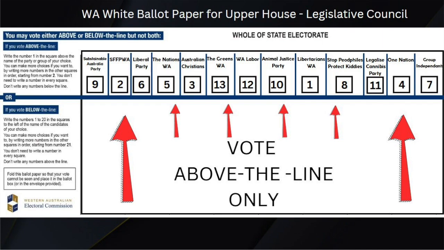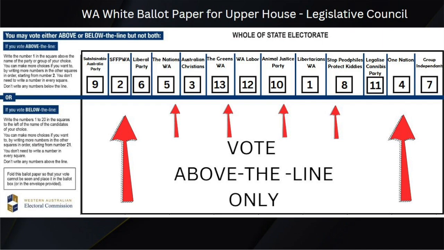The Sustainable Australia Party also is, according to this, the allegation is that they are going to go to the Labor Party, and the Animal Justice Party, which are great in principle. Their values are very noble, but at the end of the day, they go to the Labor Party, allegedly. Same with Cannabis Party. And of course, WA Labor 12 and the Greens at 13.